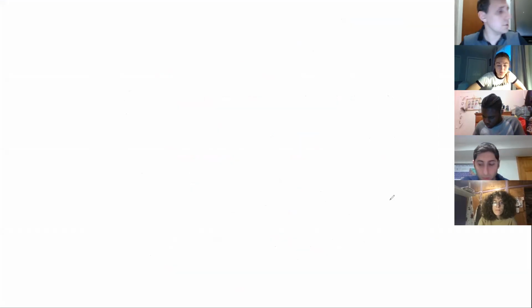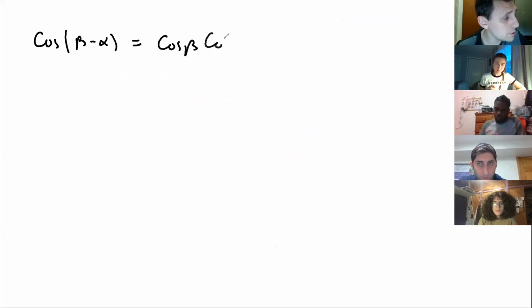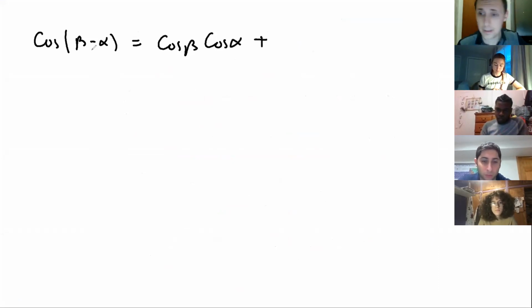Yes, this is just what we verified, guys. We have this formula: cosine of beta minus alpha. We verified that it equals cosine of the first angle times cosine of the second angle plus, the minus is a plus, right?